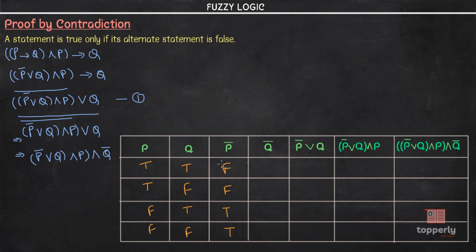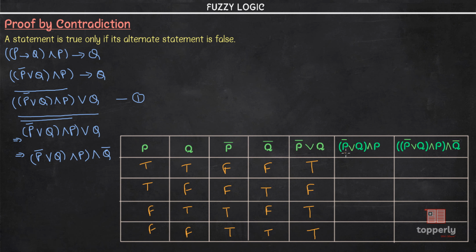Similarly, take the negation of Q, and we'll have false, true, false and true. Next, we have to take P negation disjunction Q. We have true, false, which will be true; false, false, which will be false; true, true, which will be true; and true, false, which will be true.